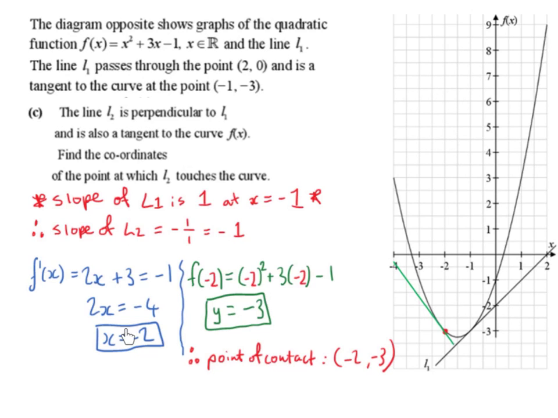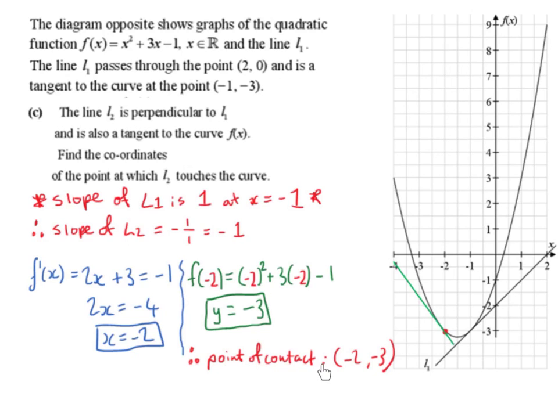So then what we do is we substitute our x equal to minus 2 back into our original function. So we get f of minus 2 is going to be minus 2 squared plus 3 times minus 2 minus 1. Minus 2 squared is 4. 3 multiplied by minus 2 is minus 6. And then we have 4 minus 6 minus 1 gives us minus 3.